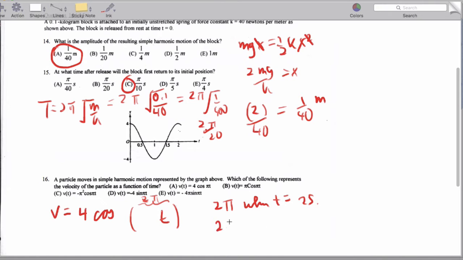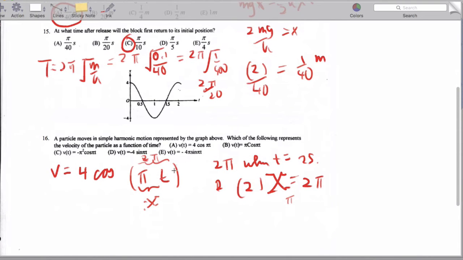So 2 times x equals 2 pi, and x is what we're going to be putting here. Okay, so x is going to be pi, so this is 4 cosine of pi t. That way when we get 2 seconds, we get 2 pi as our argument. We complete a full cosine. So, sorry, this is x as a function of time. Now, v as a function of time will be the derivative, so that'll be negative 4 pi sine of pi t. And that's choice D.